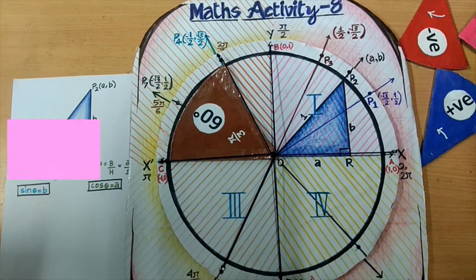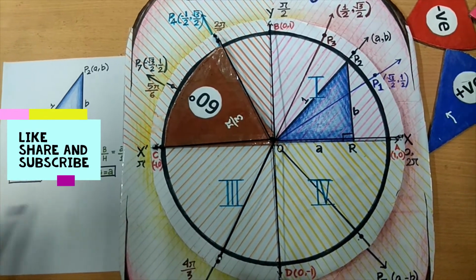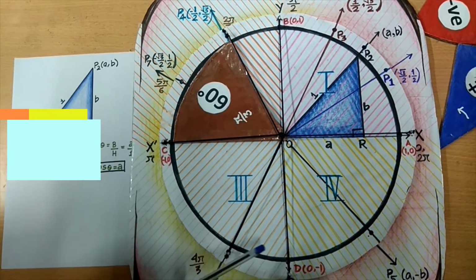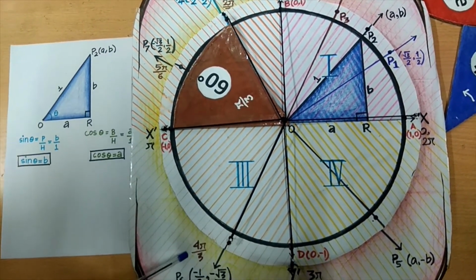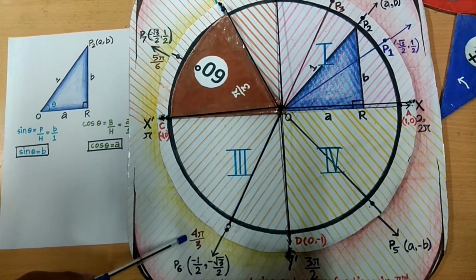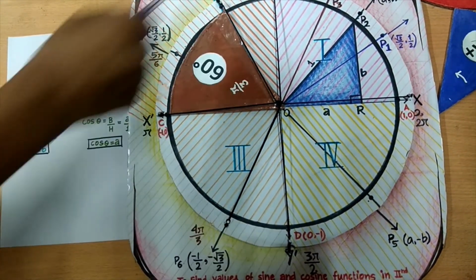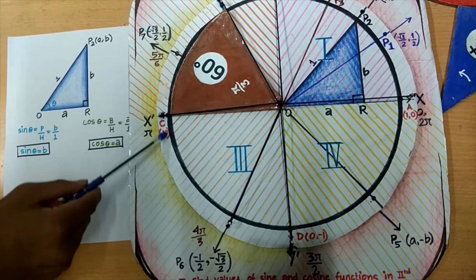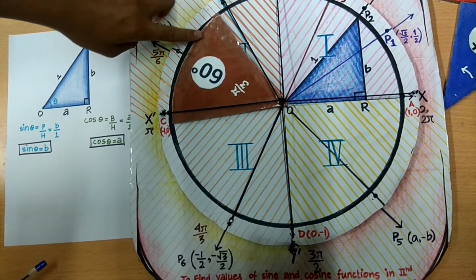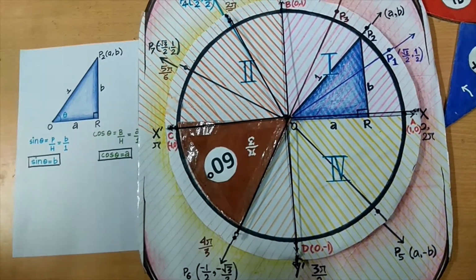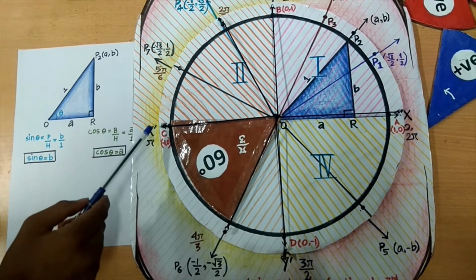To find the value of sine or cosine function in the third quadrant, let's say 4 pi by 3 or 240 degree, we have to draw angle 4 pi by 3 on this unit circle. Since 4 pi by 3 is equal to pi plus pi by 3, we can rotate this pi by 3 angle in such a way that the angle P6OA will be equal to 4 pi by 3.